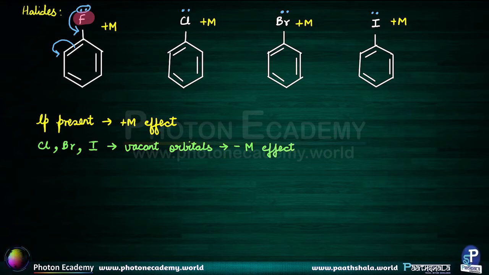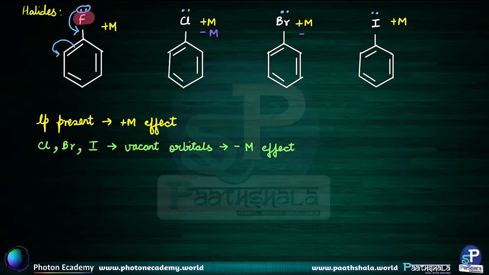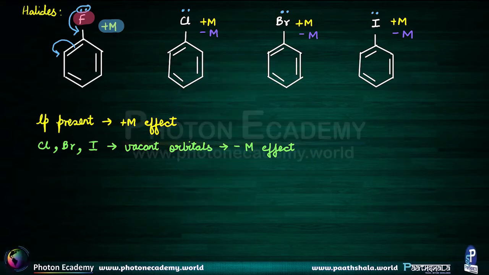So chlorine has a minus M effect, bromine too, and iodine too. Therefore, the plus M effect alone is shown only by fluorine, and the rest of them will have plus M as well as minus M effect.